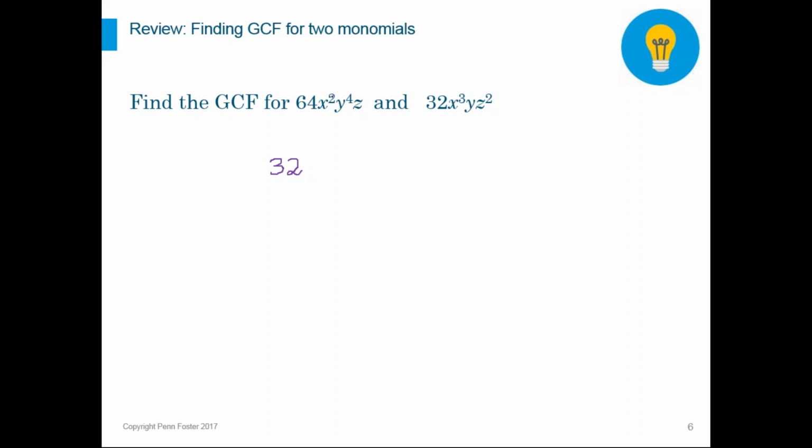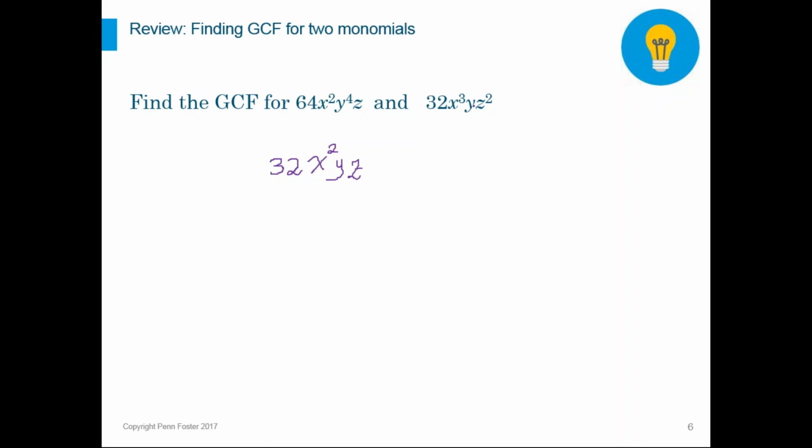So I'm going to take the one with the lowest exponent. So x squared is going to be part of the greatest common factor. Y and y, but y to the first is the least, so that will be part of the answer. Z and z to the second, then z would be part of the answer. This is the greatest common factor of this monomial and that monomial.